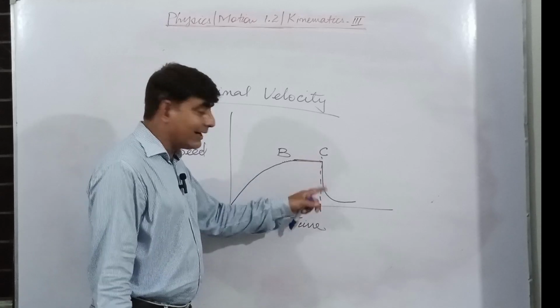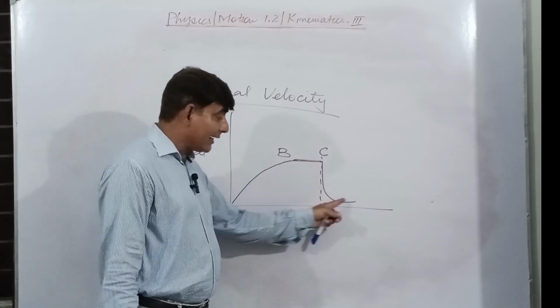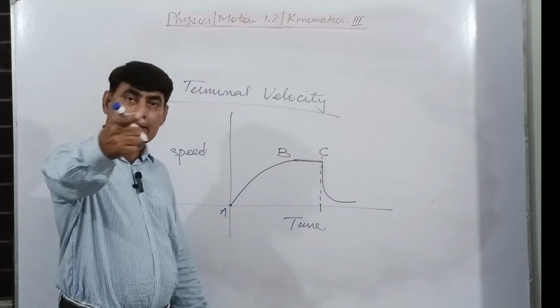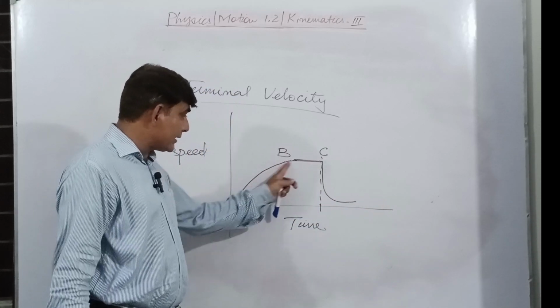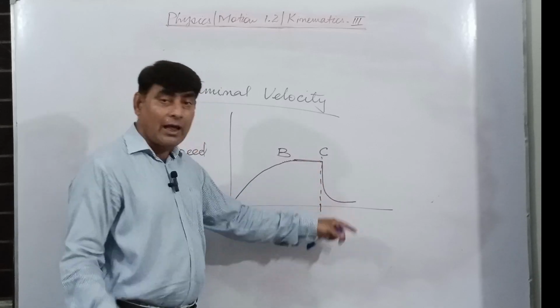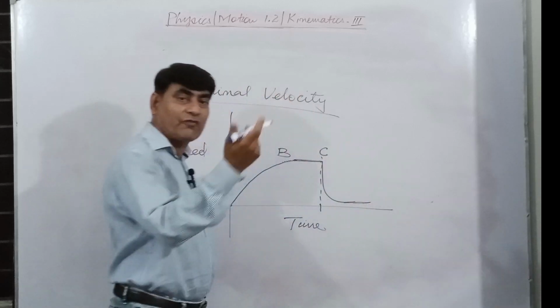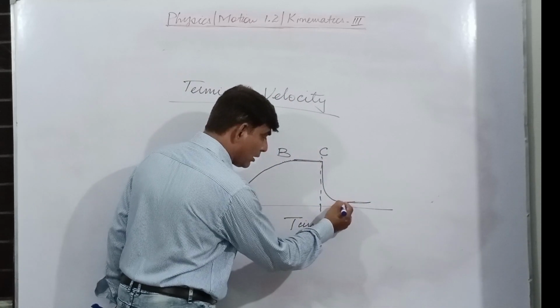So downward there is deceleration, going to be parallel to the x-axis: decreasing deceleration, increasing deceleration, uniform speed, decreasing deceleration, again uniform speed. Over here it shows uniform speed once again.